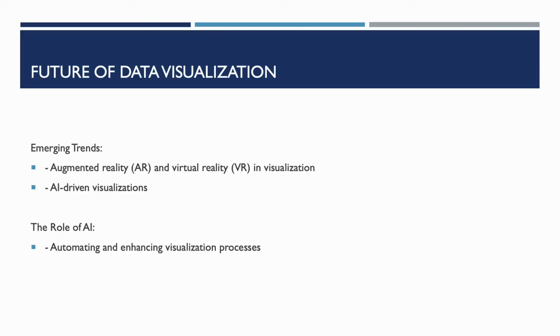These two are the emerging trends we will have in our future for sure. Automating and enhancing visual processes could be the role of AI. Before, you had to do some sort of visualization by yourself or using software, but now the AI can do that work automatically.